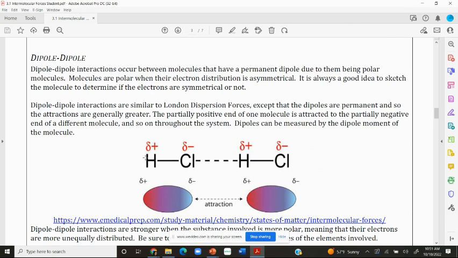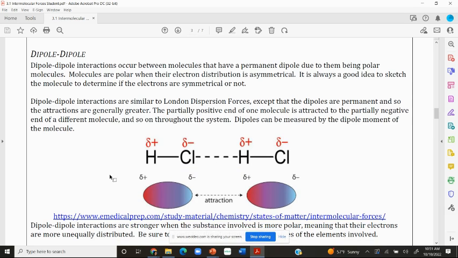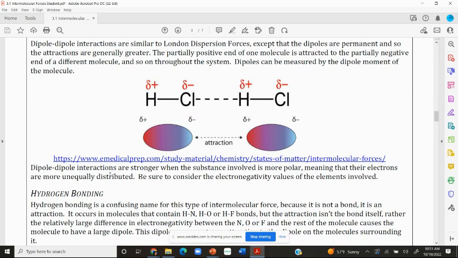When you have a polar molecule, we talked about molecules being polar or nonpolar, these are permanent dipoles. One end of the molecule is going to be negative, one end is going to be positive. So that will attract another molecule's oppositely charged side.